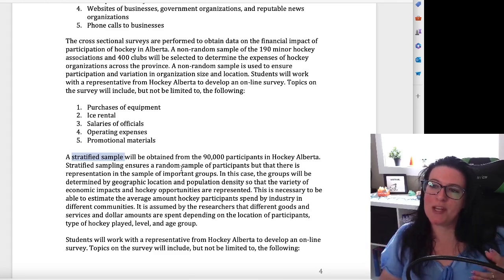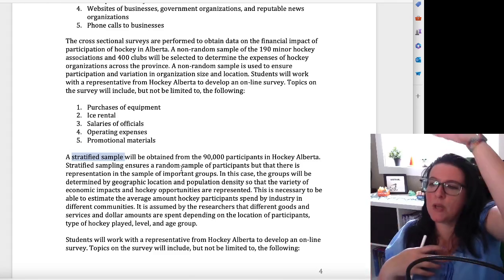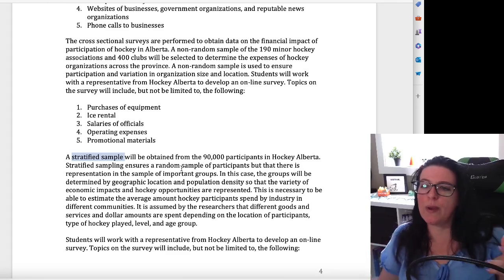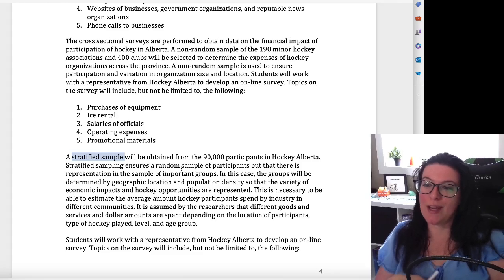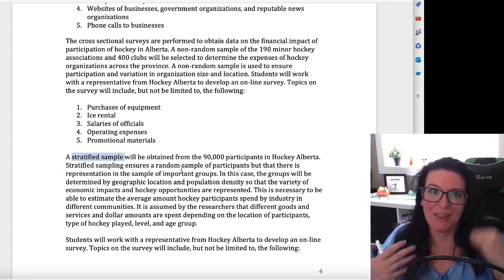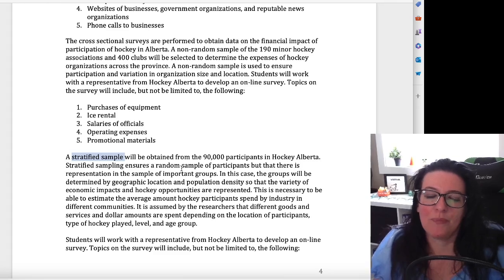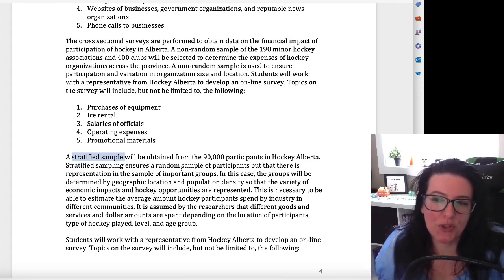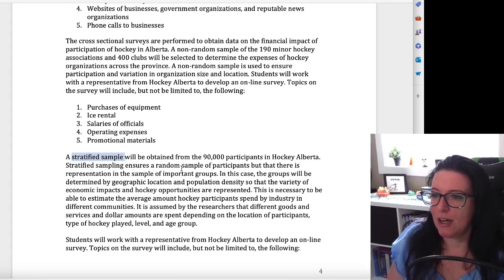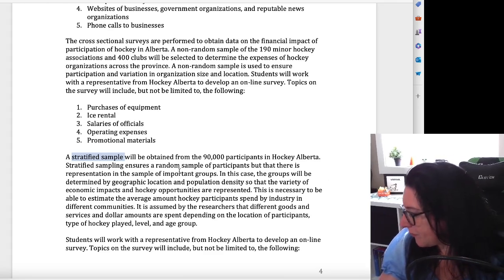So we want participation in hockey from the north, from the south. When we look at participation in this survey, we want to make sure it represents the strata, the different groups, and that it is proportional to that representation in the population.